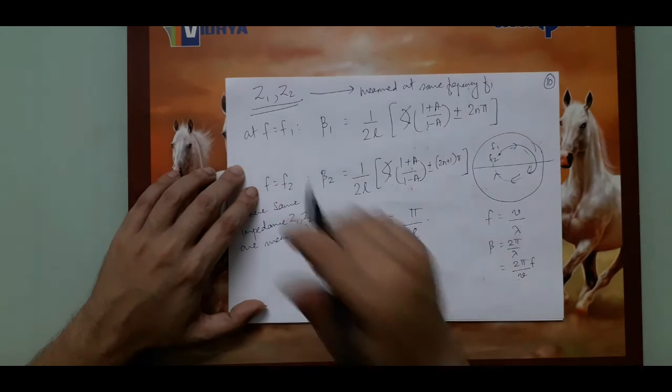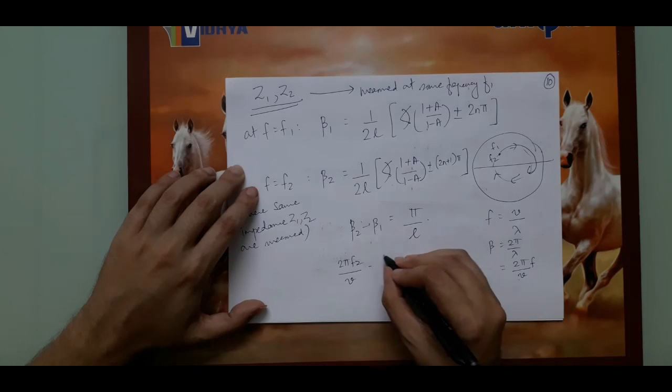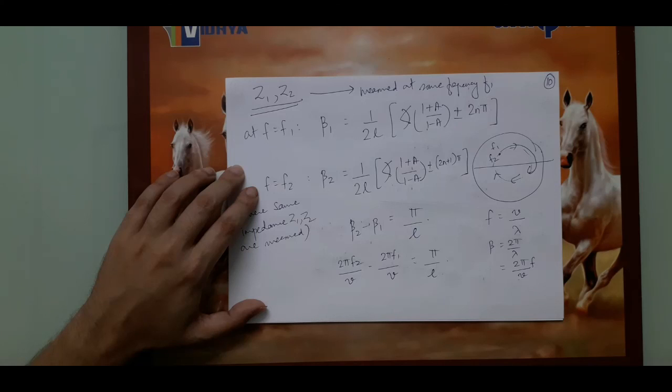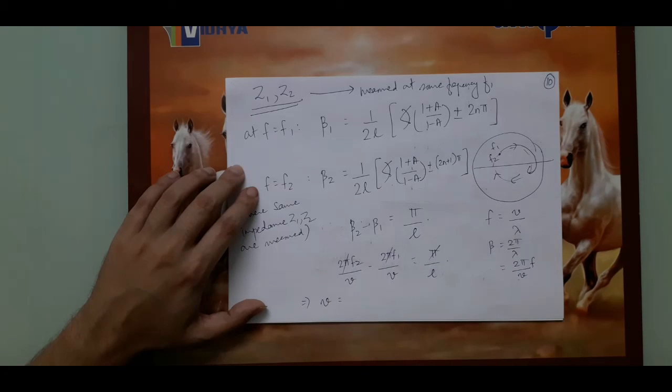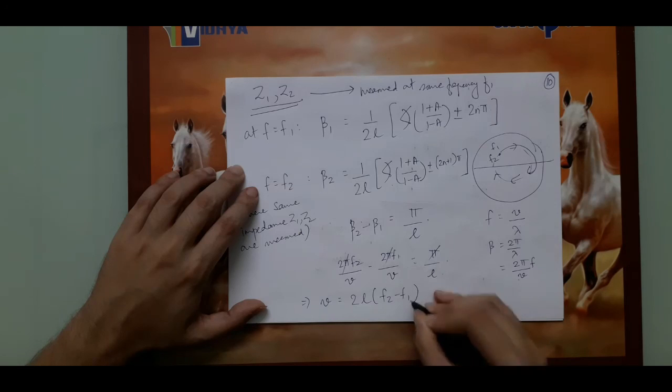At these two frequencies f1 and f2, I get 2 pi f2 by v minus 2 pi f1 by v, that is nothing but pi by L. So I can very easily find out the wave velocity: if you cancel out pi, this comes out to be 2L times f2 minus f1.